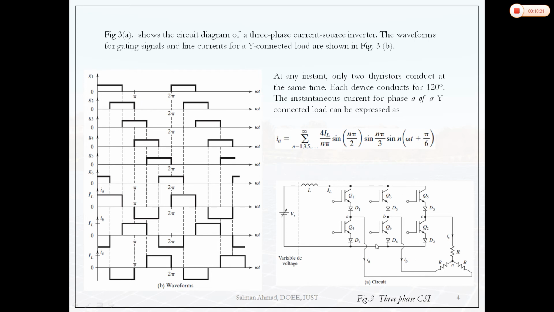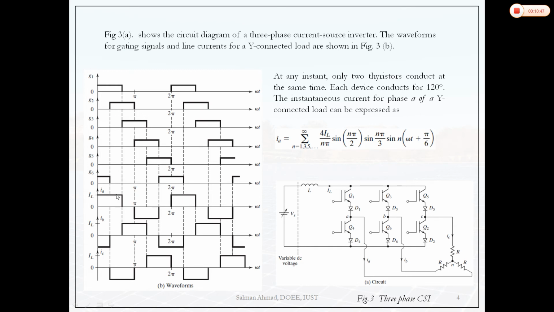For example, if we want to find what will be IA, so IA will be positive when Q1 is conducting and this Q6 is conducting or Q2 is conducting. So IA will come here, then it will flow like this if Q2 is conducting. So if Q1 and Q2 are conducting, you can see this interval, the IA is positive.